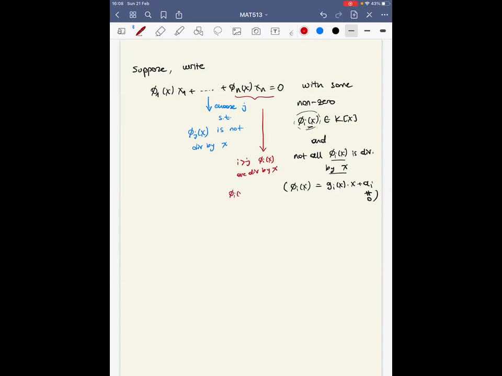So that means we can write phi_i(x) as g_i(x) times x, and here we can write phi_j as g_j(x) times x plus a_j with non-zero a_j.